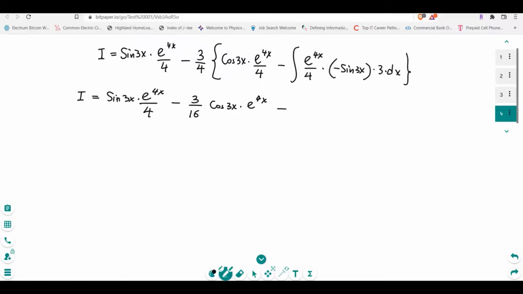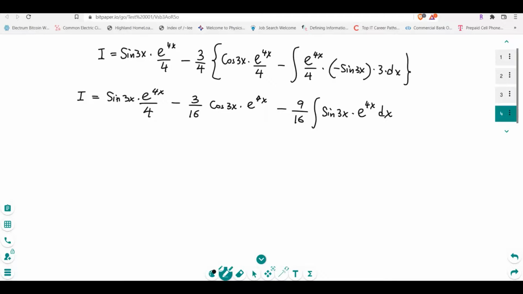And 4 times 4 is 16, and then the 3 will be multiplied by the 3, so then I'll have 9 over 16 as a constant, and then the actual integral, which is sine 3x times e to the power 4x dx.